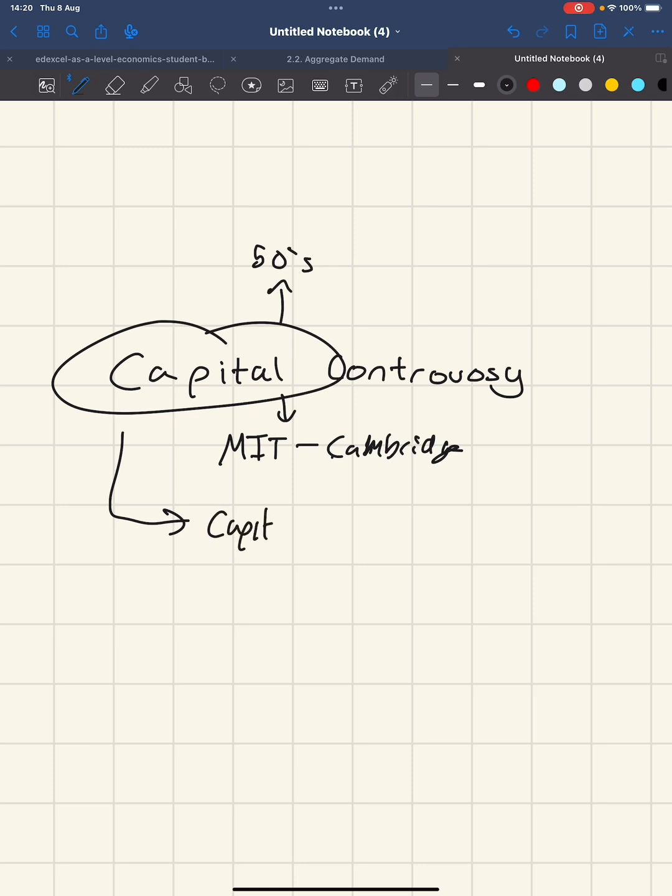Capital, unlike other physical inputs like labor and land, is very difficult to quantify, and this makes production functions a bit iffy, if you get what I mean, because they are so difficult to measure.